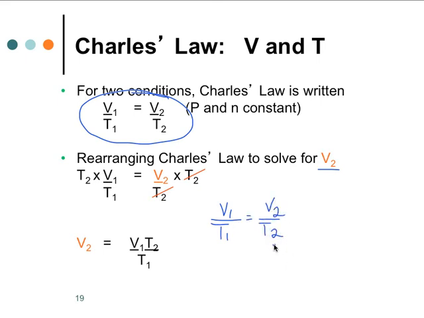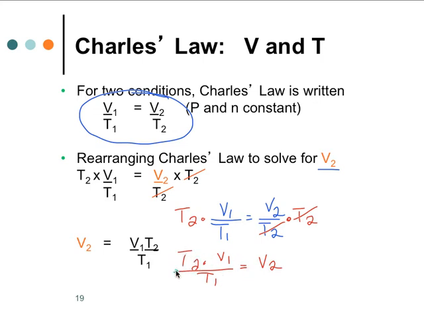Let's solve this equation for T2. First, I need to get T2 up top, so I'm going to multiply both sides by T2. T2 cancels. I'm left with T2 times V1 over T1 is equal to V2. Well, I want to get T2 by itself.